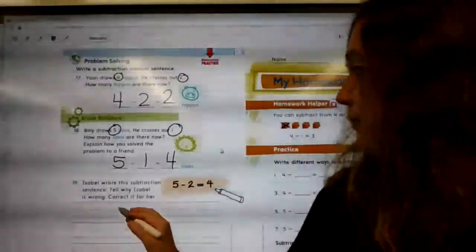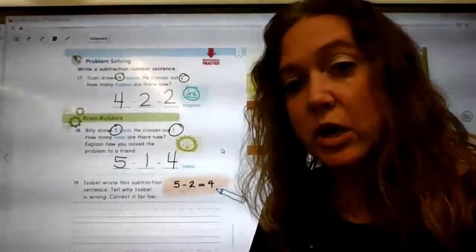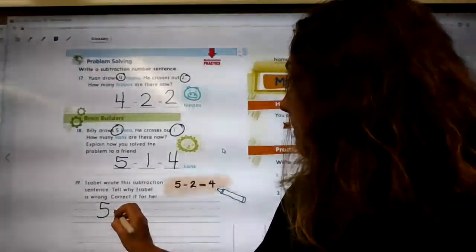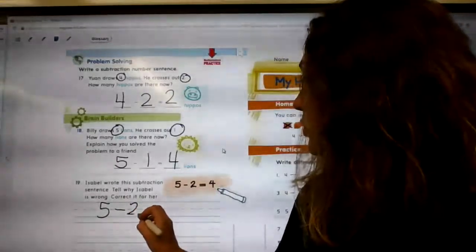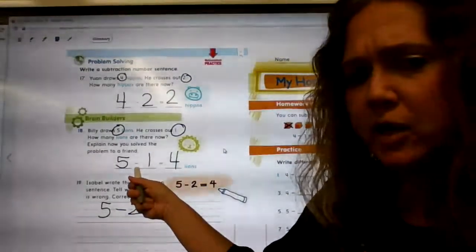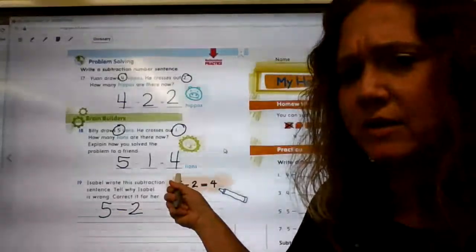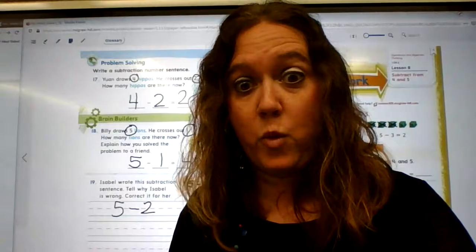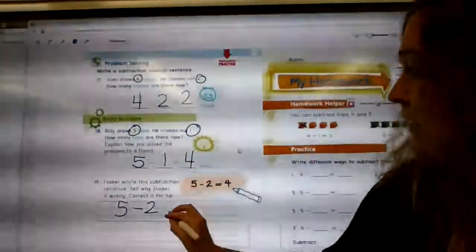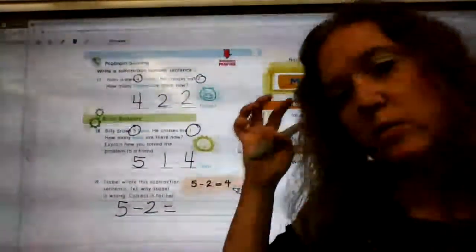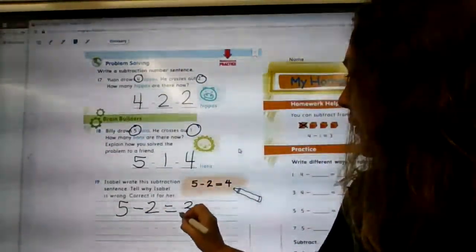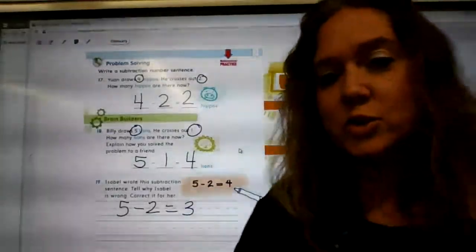So we're going to write the right subtraction number sentence. 5 minus 2. And really we could tell from right here because we just did 5 minus 1 is 4. So 5 minus 2 can't be 4. They can't both be 4. 5 minus 2 equals 3.